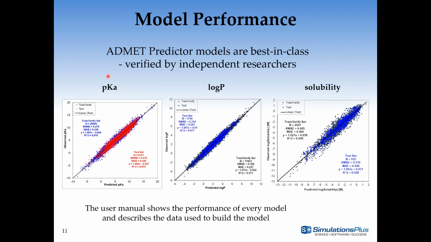So here I'm showing the pKa model, logP model, and solubility model. If you evaluate or purchase the software, these types of statistics are available for all of the models that are in ADMET Predictor. Not just the statistics, but a description of where the data came from. So you can see the source of the data that we have used to build our models.